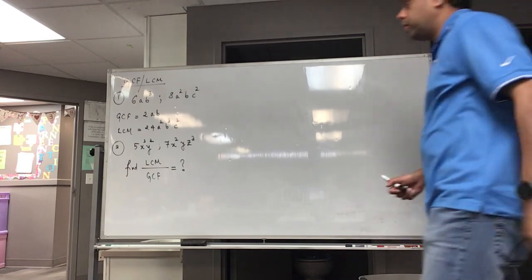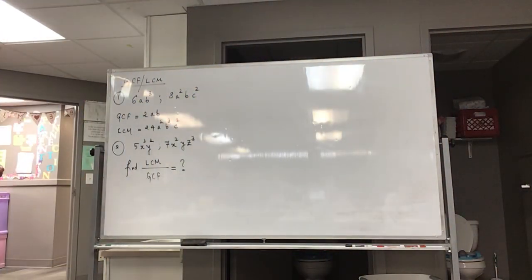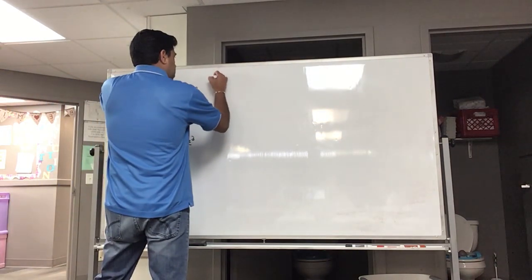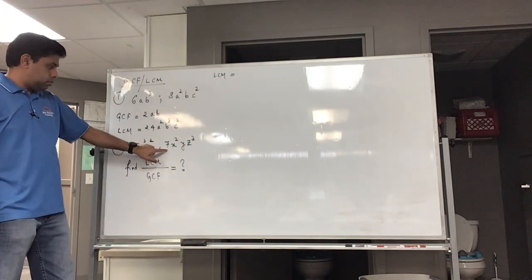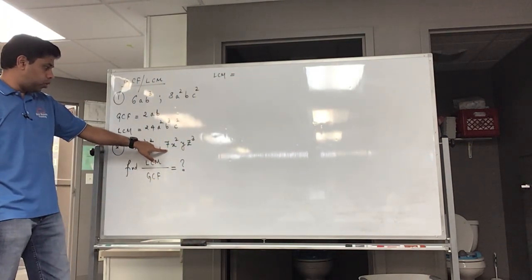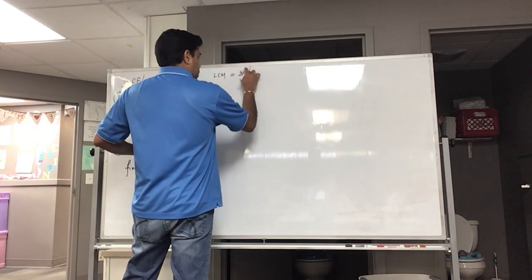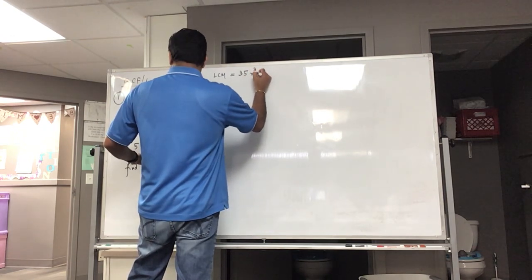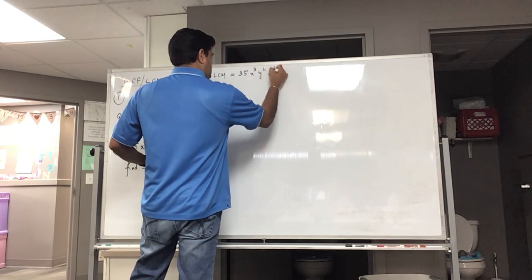All right, let's get started. So kind of same problem, but a little twist at the end. So let's find the least common multiple. So 7, 14, 21, 28, 35. And highest exponents, x cubed, y squared, z cubed.